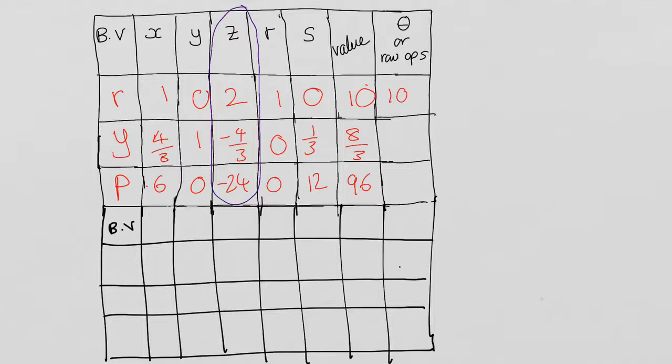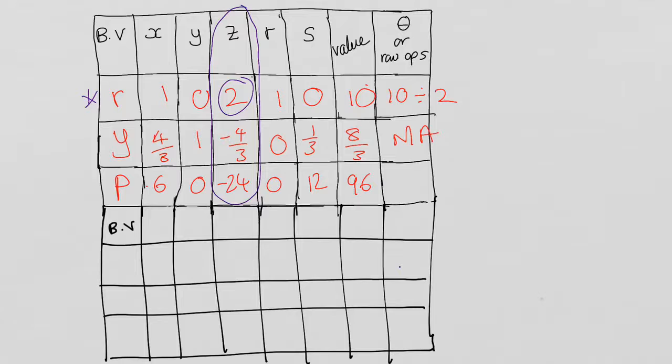So 10 divided by 2, this one is not applicable because if I work it out, I've got a negative number here. It's the smallest non-negative theta. Okay, so this is going to be my pivot row. My pivot element is 2.